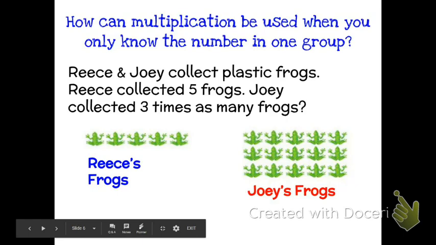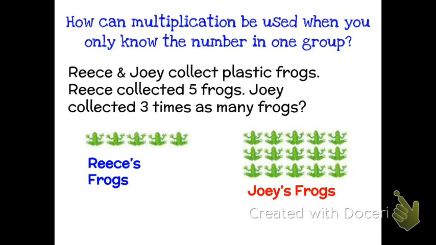In this problem here, how can multiplication be used when you only know the number in one group? So Reese and Joey collect plastic frogs. Reese collected 5 frogs, and Joey collected 3 times as many frogs. Well, if we know that Reese collected 5 frogs, I could draw out a row of 5 frogs just like this.